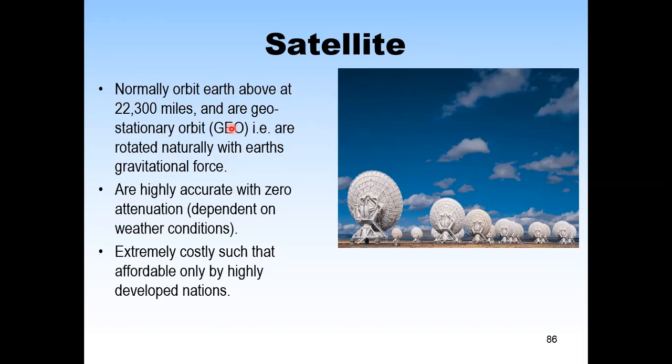After 22,300 miles, you have this GEO orbit, where satellites rotate naturally with Earth's gravitational force, and they are highly accurate with zero attenuation dependent on weather conditions. It is extremely costly, such that it is affordable only by highly developed nations.